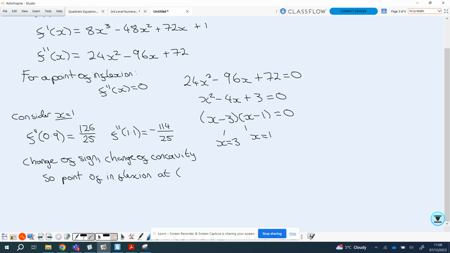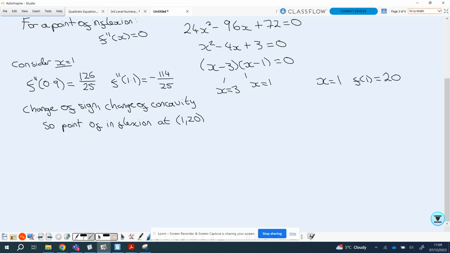Now if you substitute your x value into the original function, when x equals 1, you would have got the answer 20. So therefore my coordinate is (1, 20). That is where the first point of inflection would be.